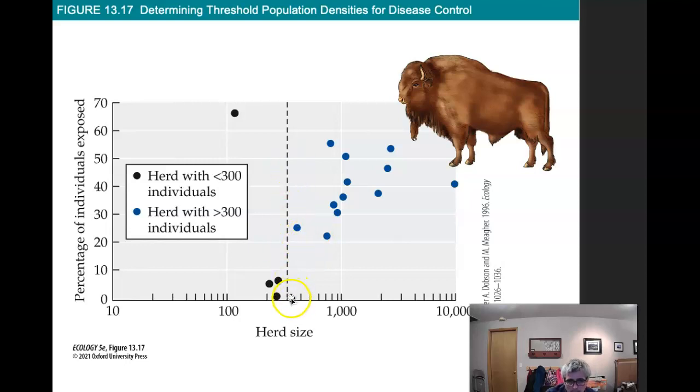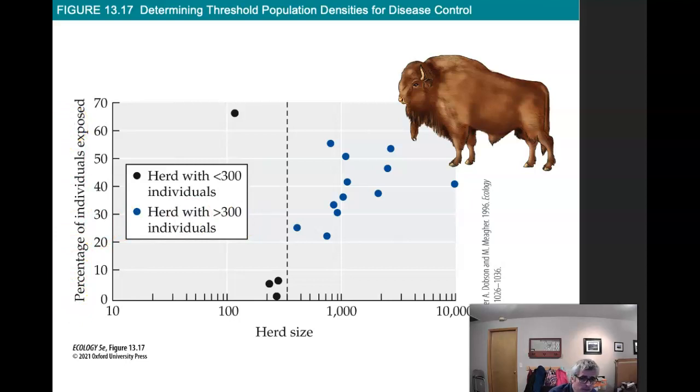And this is a log plot, so 100, 1,000, 10,000. It's kind of a threshold. The difference between 10,000 and 1,900 is really not that much. There's a small ramp, but it pretty much levels off. Once you get over that threshold, the percentage of individuals that are exposed is kind of the same.